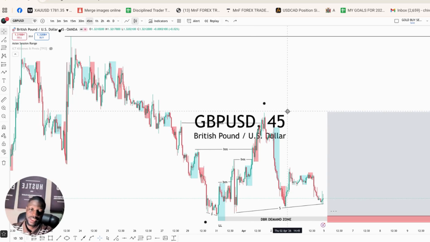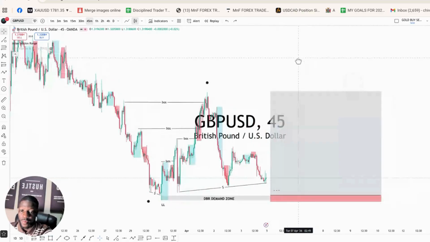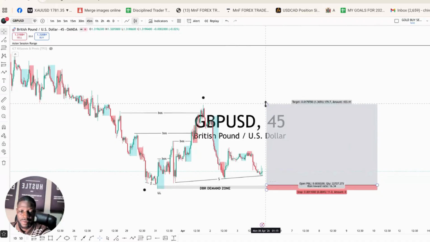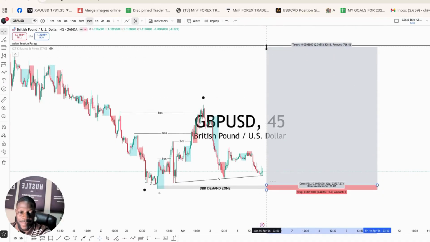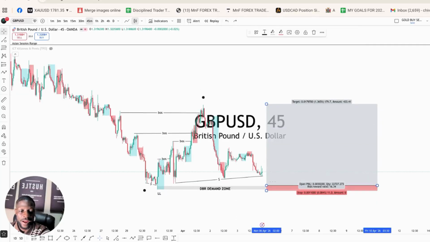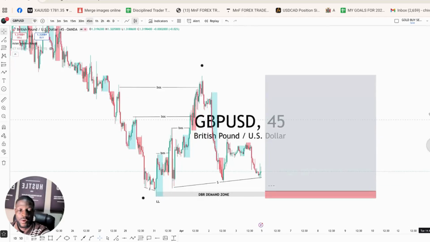And if the market shows strength, then we might go for the other one, which will make it a really big trade. So for example, if the market came all the way here, that would be like 300 pips, and this would have been like a 1:28 risk reward ratio, which is really big. But for now, we'll target this high right there, and then the rest will take care of itself.